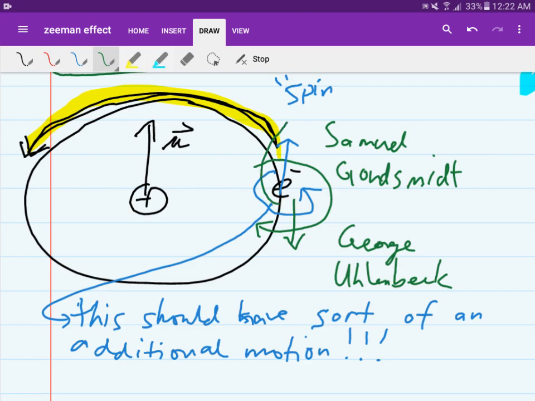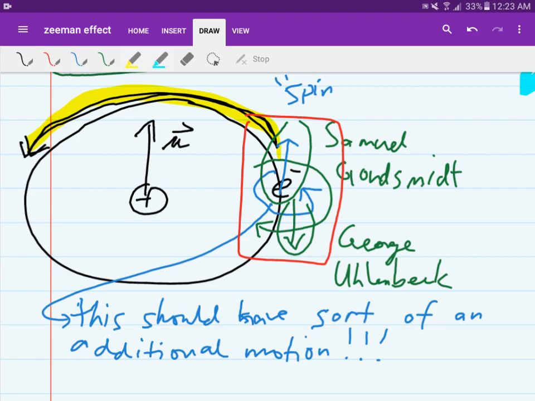So it will have this spin and this spin. That is the best analogy that we can grasp, but please take note that this analogy fails because the spin angular momentum, as we now call it, is fundamentally quantum mechanical. This is just a way for us to picture it in our classical minds.